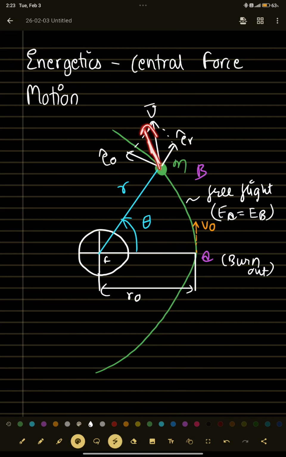Along r component gives r dot. Here the total velocity vector itself is along e theta. There is no component along r. तो r dot क्या होगा? 0.